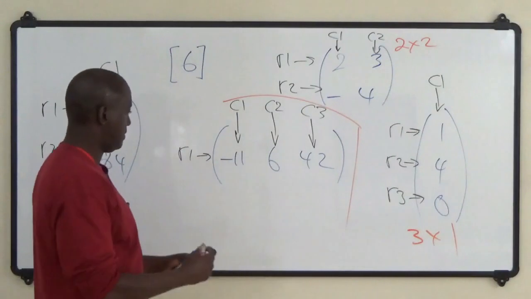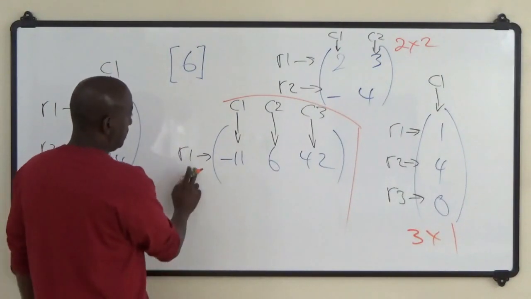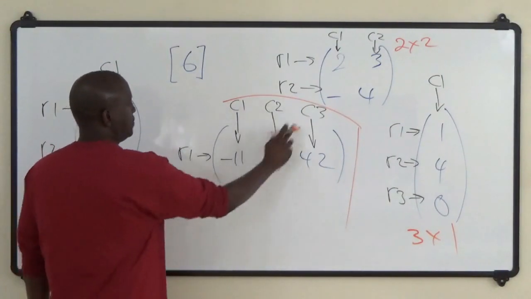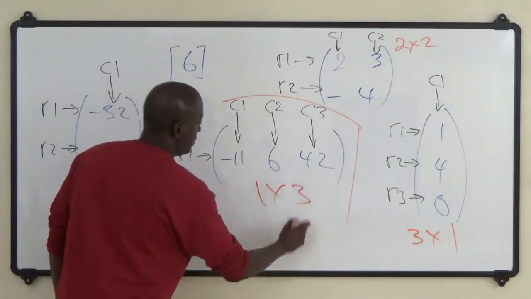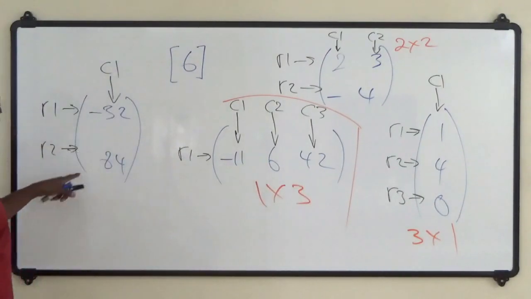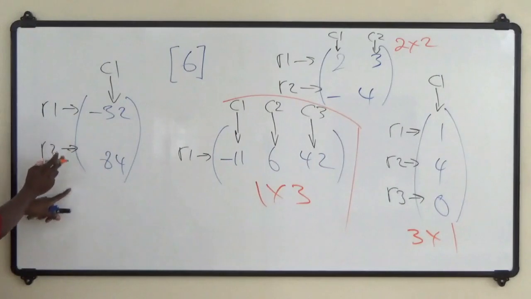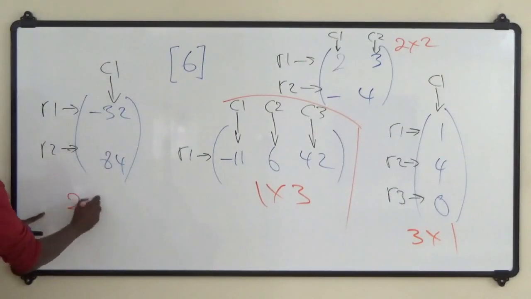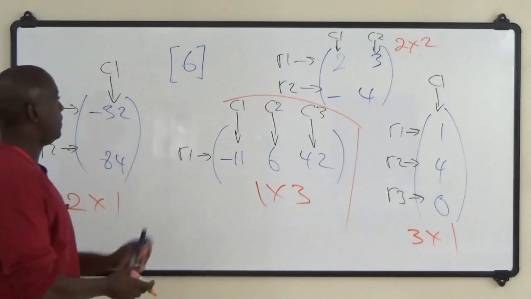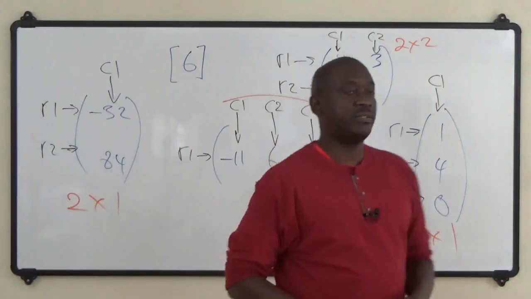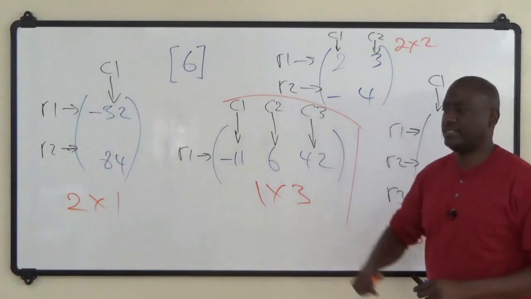This guy here is 1 row and 3 columns. So this is a 1 by 3 matrix. This guy over here has 2 rows, 1 column. So this is a 2 by 1, 2 rows by 1 column. We're coming back to that fella just now, he needs a little special attention.